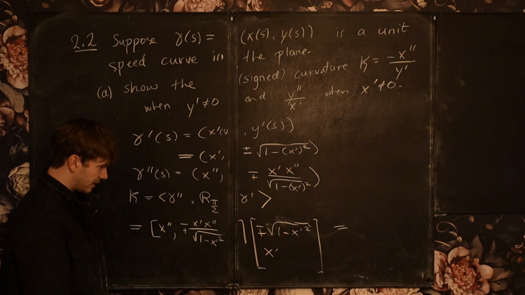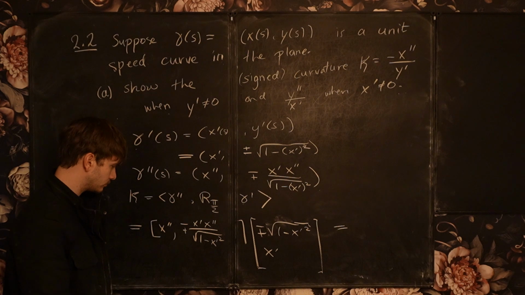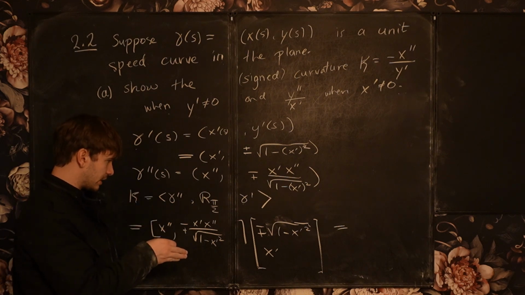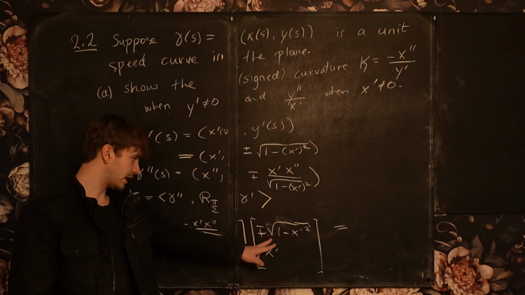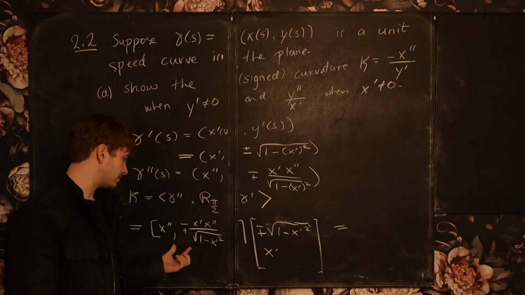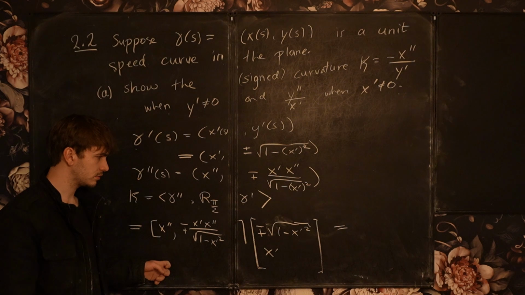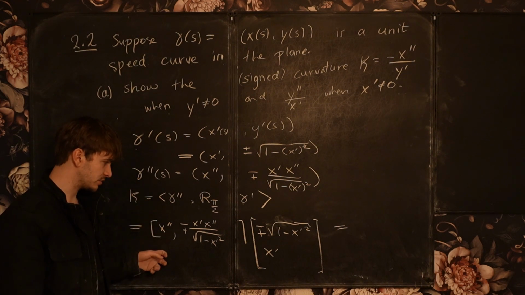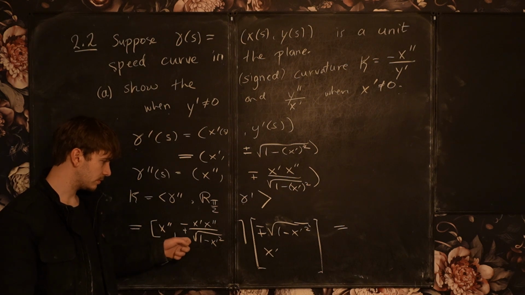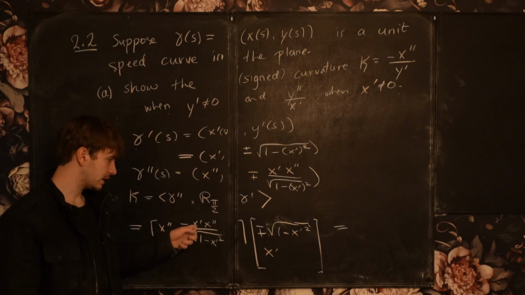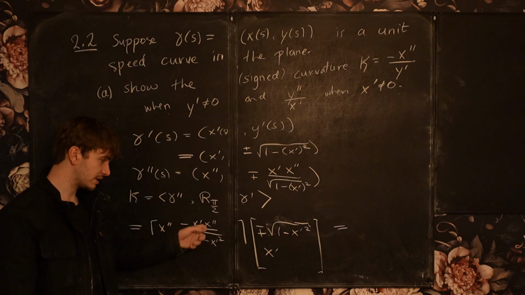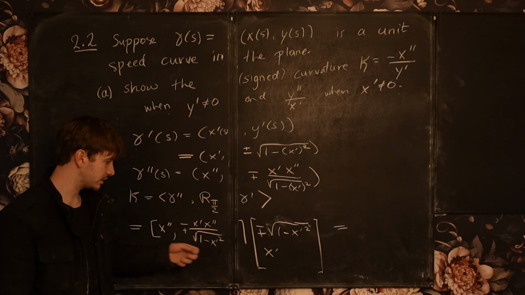So when you take this inner product, we have 1 minus x prime squared times x double prime over the square root of 1 minus x prime squared, plus x prime squared x double prime over the square root of 1 minus x prime squared.